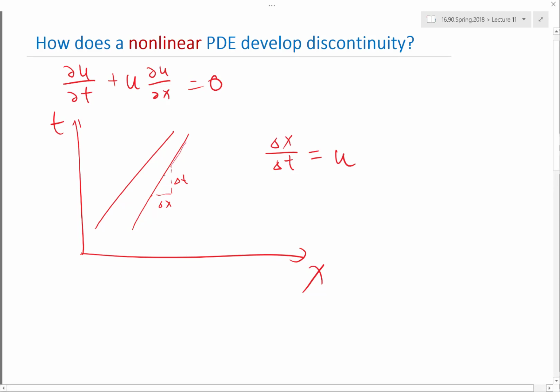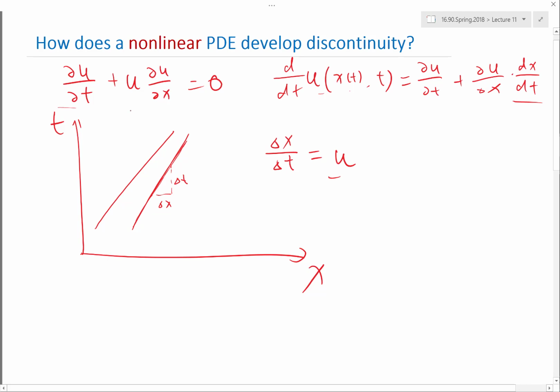If I have a line on which the slope dx over dt is equal to u, then if I look at the function u of x(t) and t, and take d dt of that, it's actually going to be the left-hand side of this equation: partial u partial t plus partial u partial x, using the chain rule, times dx dt. And if dx dt is equal to u, then this is equal to 0.